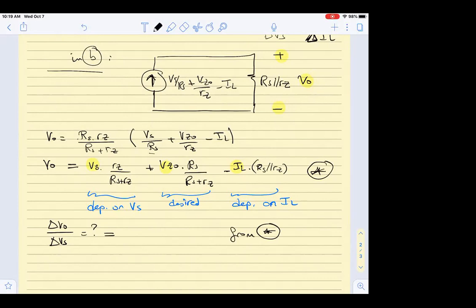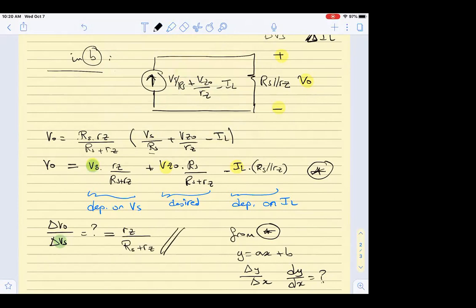If I have y equal ax plus b, and I want to find delta y over delta x, or dy by dx, can I find this from a linear equation? It's the slope, so it's a derivative, right? So A. Here with respect to VS, let us color it differently. This is VS and this is VO. So del VO by del VS is equal to what? RZ over RS plus RZ. Exactly.